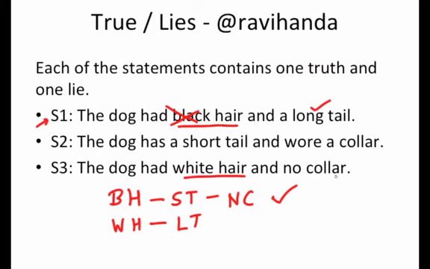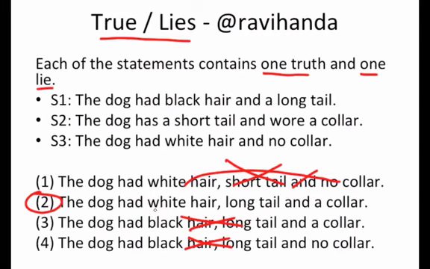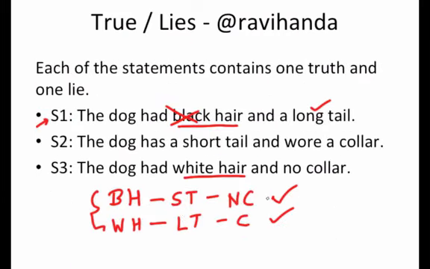White hair and no collar cannot go together. So white hair and there should be a collar. So this is another possibility which is possible. As a matter of fact, these two are the possible options. If you go back to the previous slide, white hair, long tail and a collar.